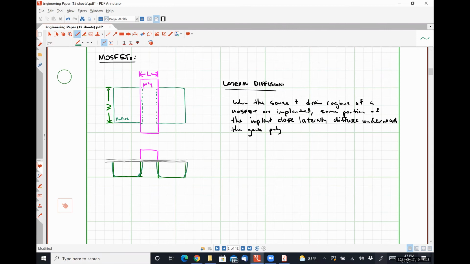So what does that lateral diffusion do in effect? Anybody have any thoughts? So there is conductive material below a conductive plate.